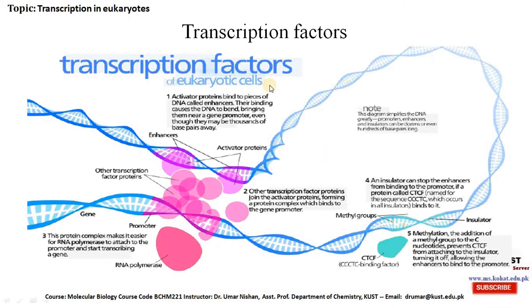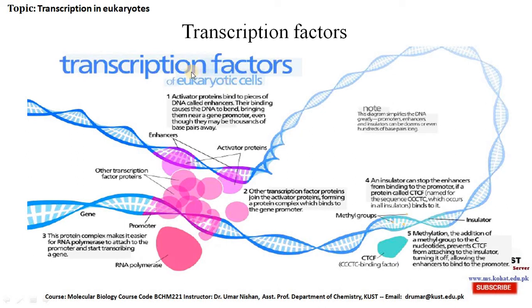Now, this is something that we briefly talked about, but we have not talked about in detail, which is transcription factors. Transcription factors play a very important role in eukaryotic cells.